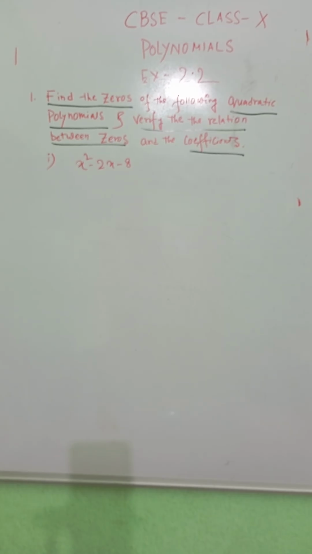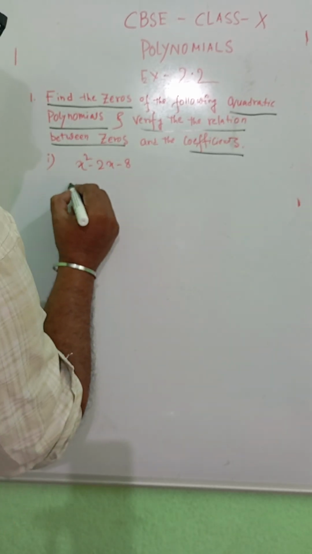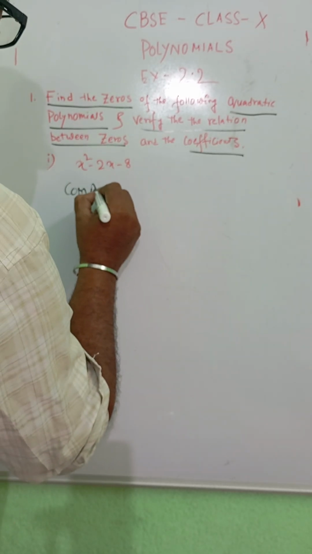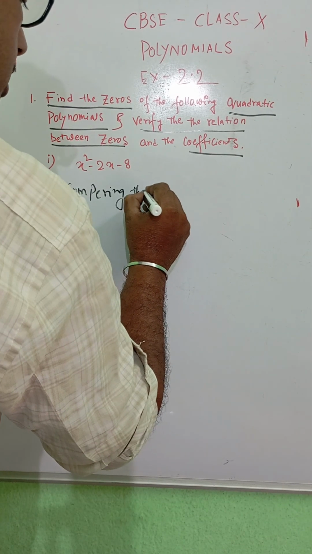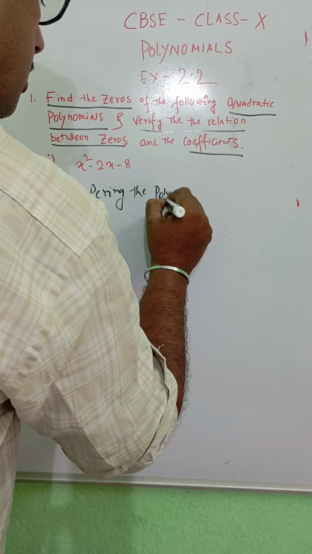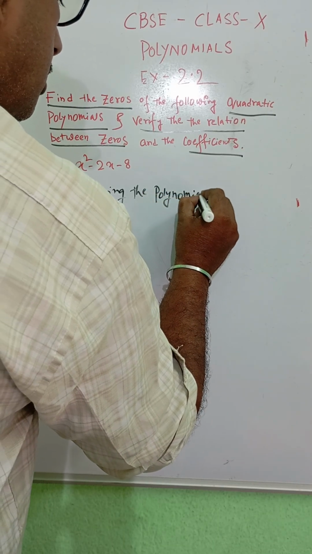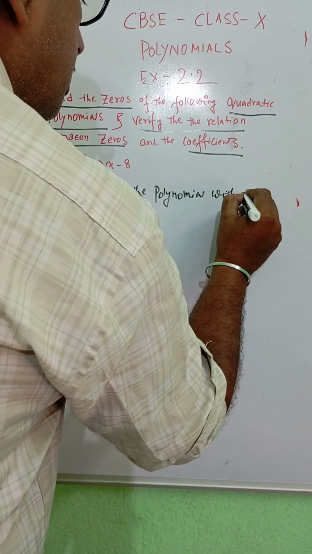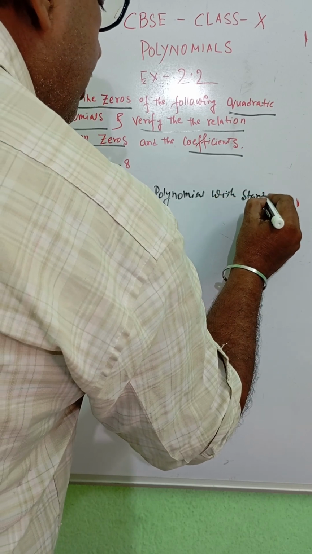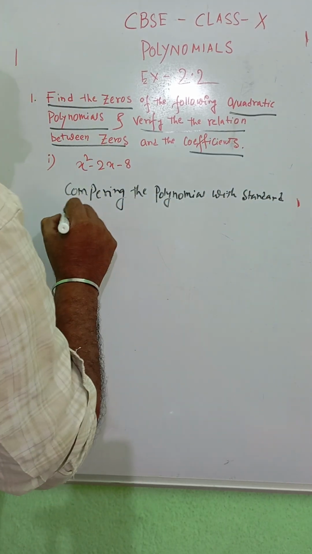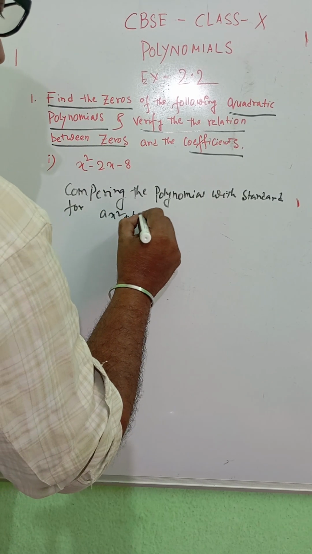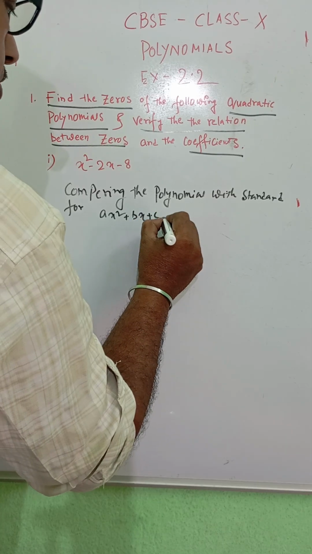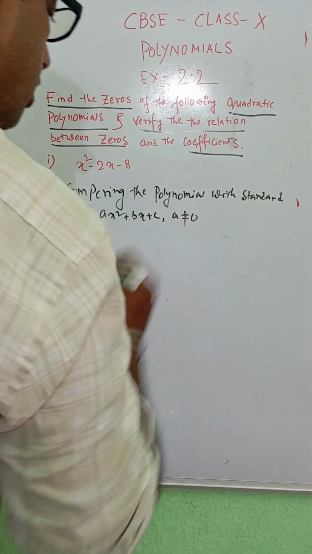First we have to write this way, comparing the polynomial with standard form ax square plus bx plus c, where a is not equal to 0.